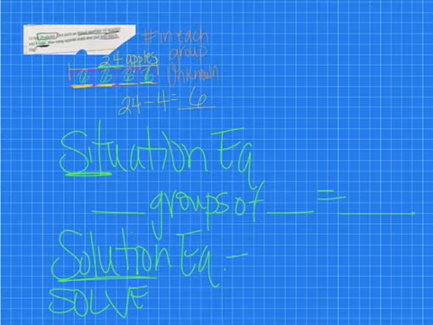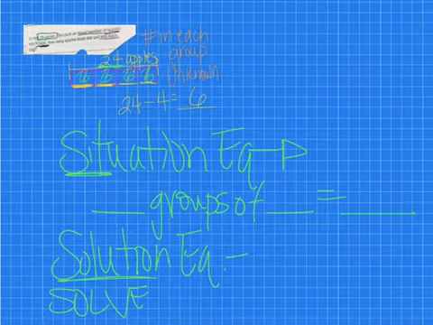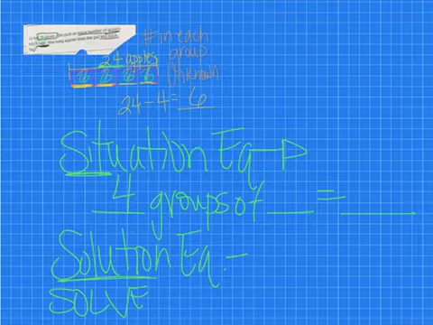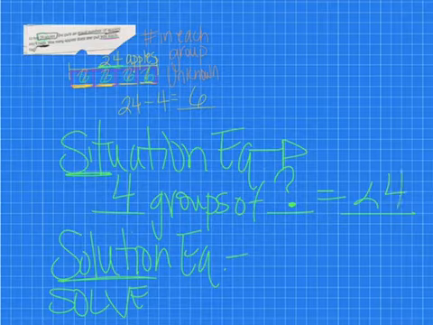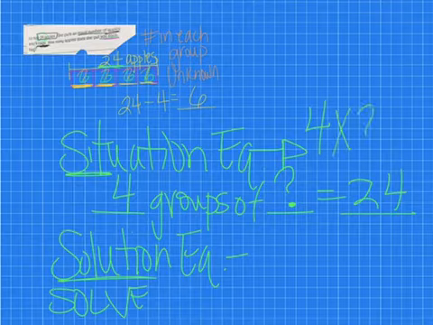Okay, so let's look at the situation equation first. Did we know our number of groups? Yes, we did. We had 4 groups of, we didn't know how many were in each group, so that was my question mark, equals the 24. So my situation equation was 4 times question mark equals 24.